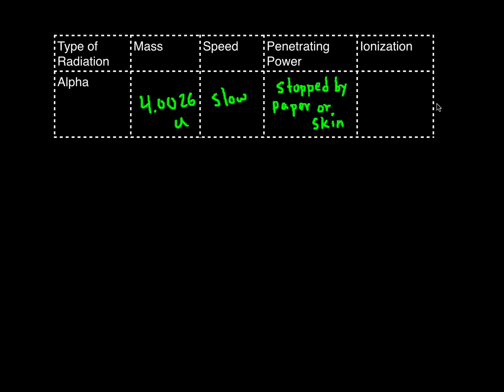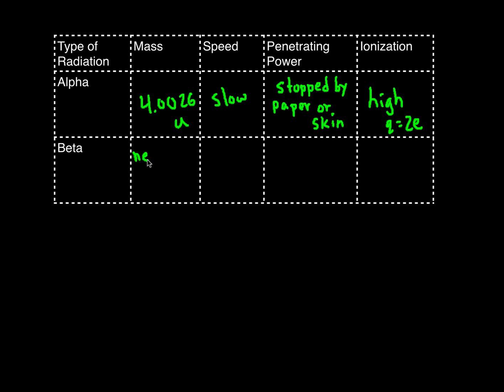So it doesn't actually penetrate that deeply into your body. But alpha particles have high ionization because they have a charge equal to 2 times the elementary charge, so they're quite highly charged.